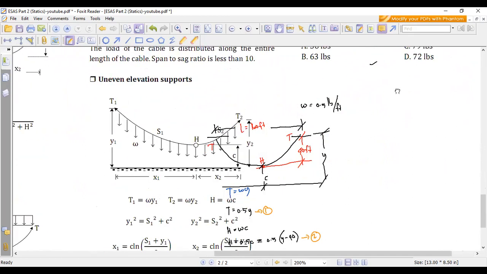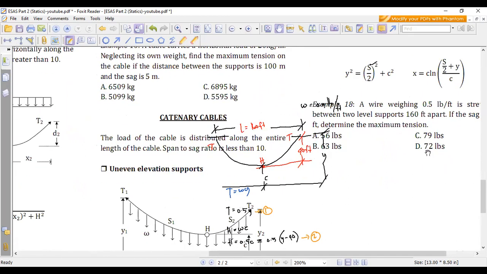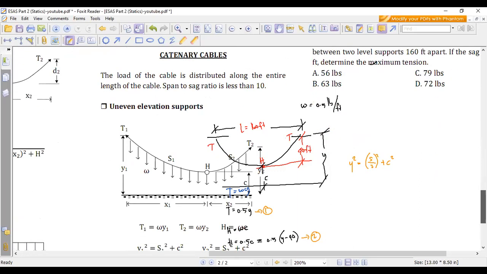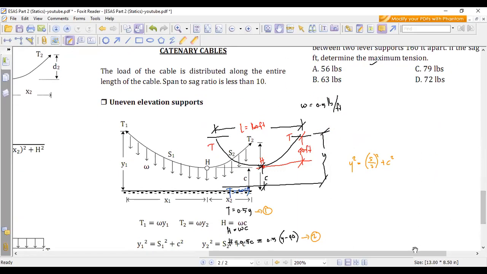So we'll try to use the other formulas, these two formulas here. We can make use of this formula: Y square is equal to S over 2 squared plus C square. Using this one, we can proceed.